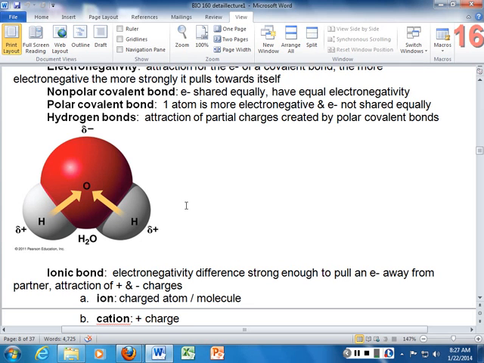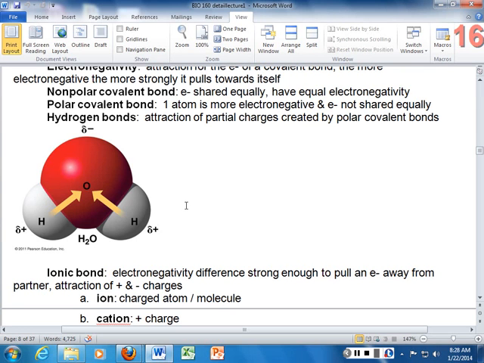So because you've created these partial positives and partial negative charges in there, what can happen is when you have additional partial positives and negatives that come along, the partial positive and negative charges will bond to each other in there.